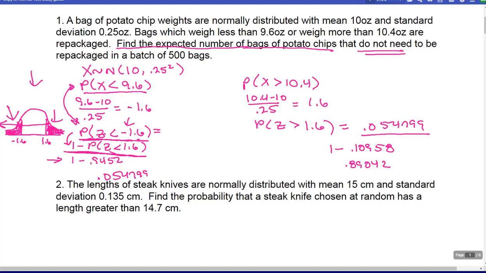Now, if there are 500 bags, how many would I expect to be in the middle? Can you repeat that again? So think of it this way. If I was rolling a die, what's the probability of getting a 6? 1/6.